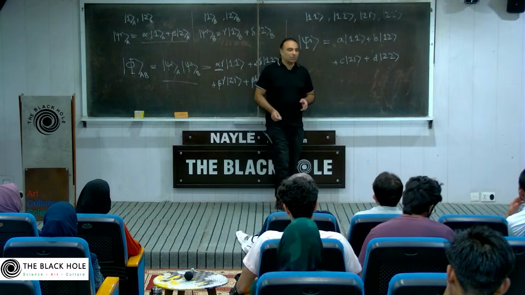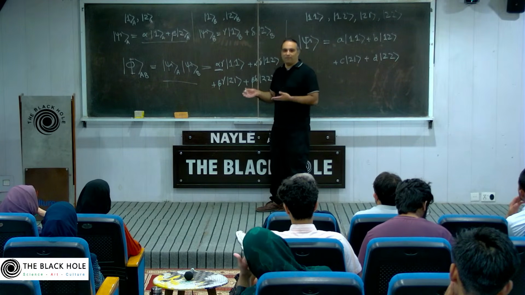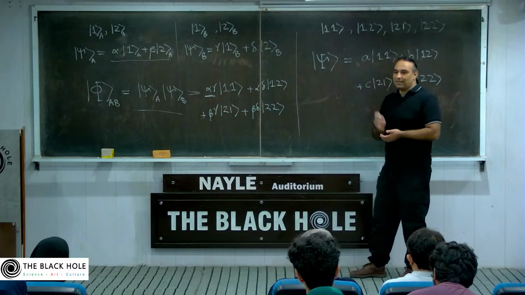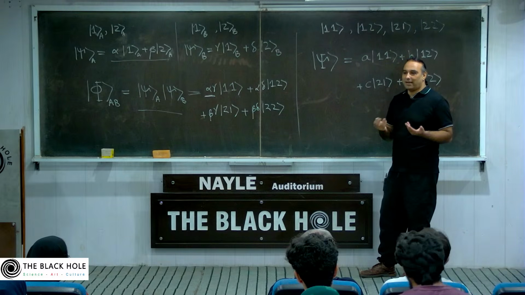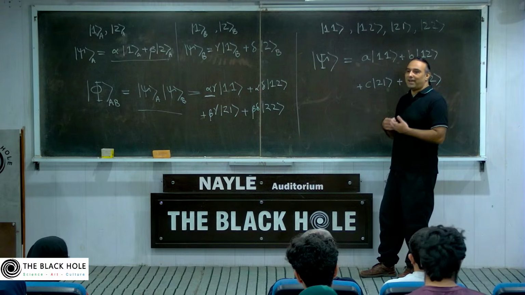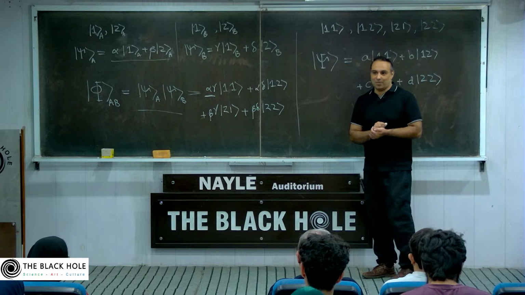So suppose you have some state where you can write this product, then you would call it a product state. Okay, that's simple. And if you can't write that as a product state, then you would call it an entangled state. So it would be an entangled state of these two-level systems. Okay, that's the terminology.